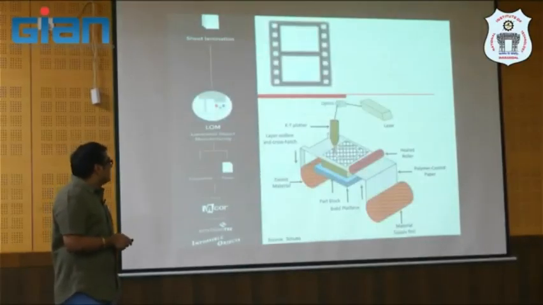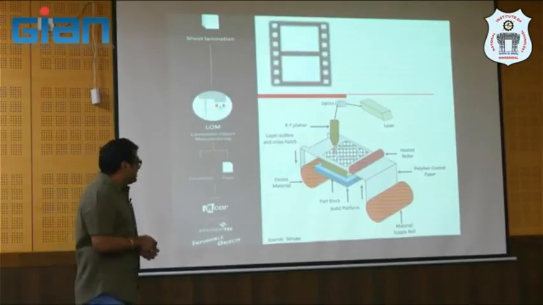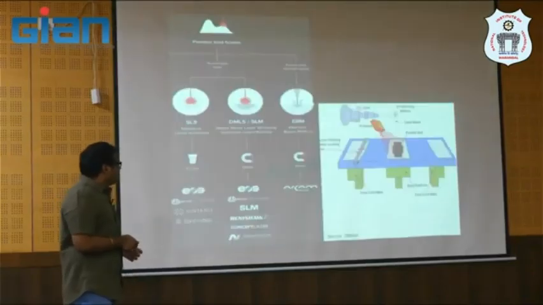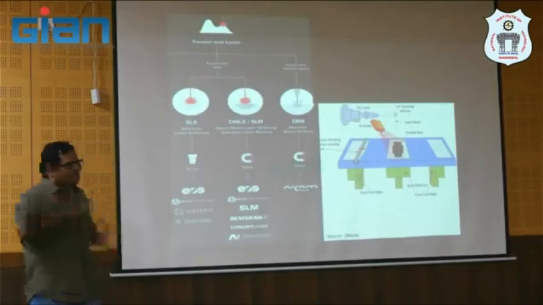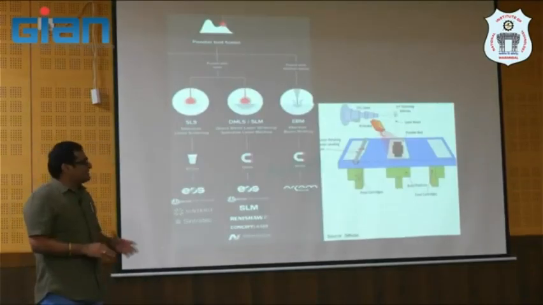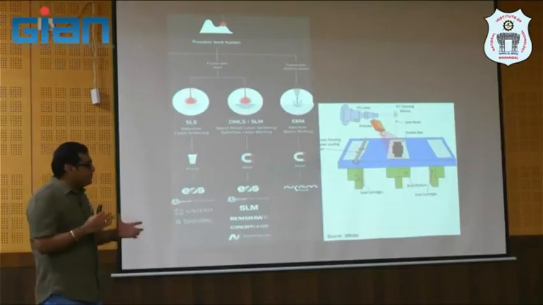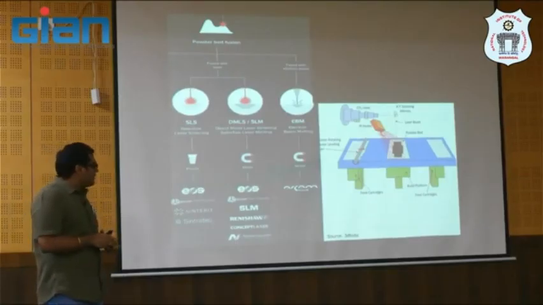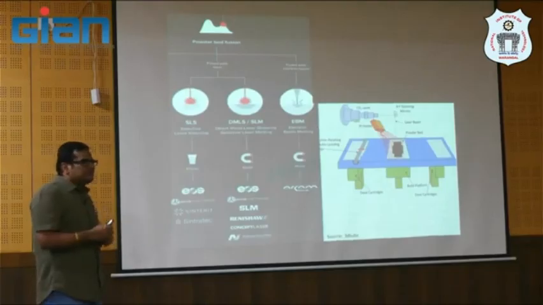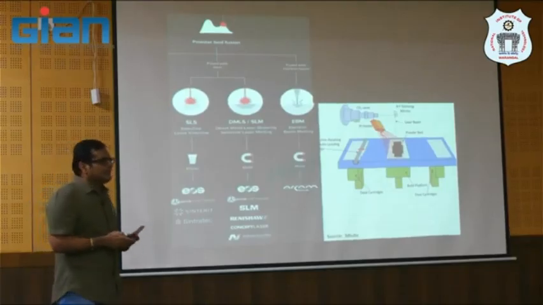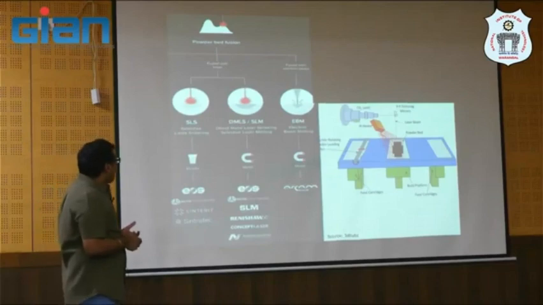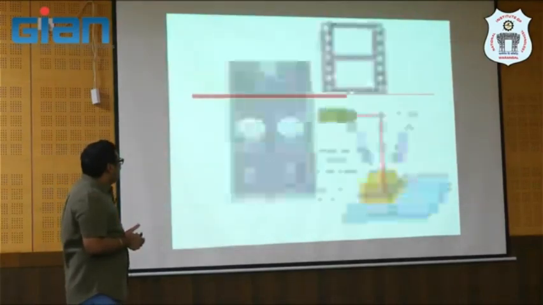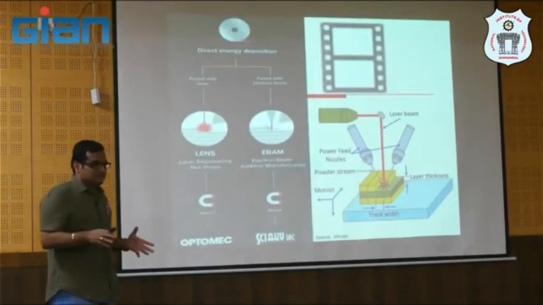Then sheet lamination, where you have sheets or laminates as feedstock, and powder bed, anyway, which our course is revolving around, this powder bed modeling and simulation. The energy source may be a laser or an electron beam, predominantly. And directed energy is predominantly for metals, right?